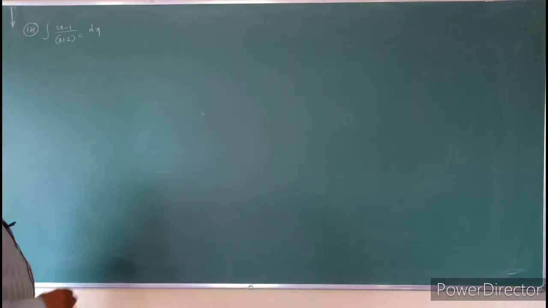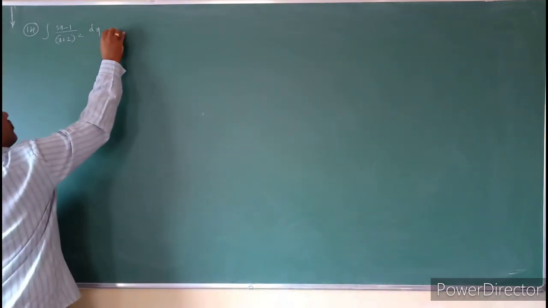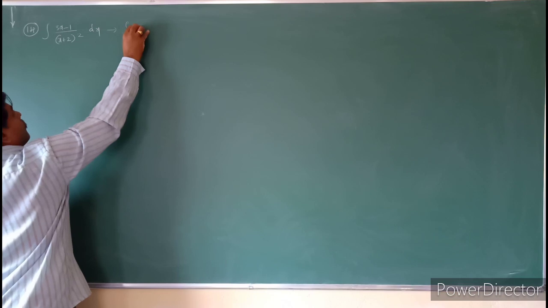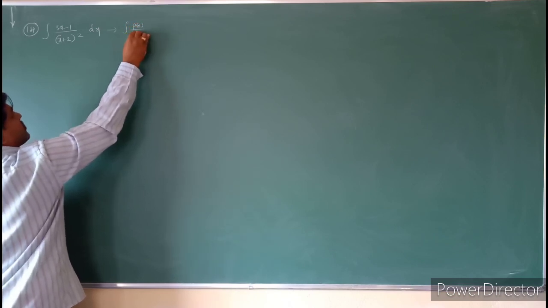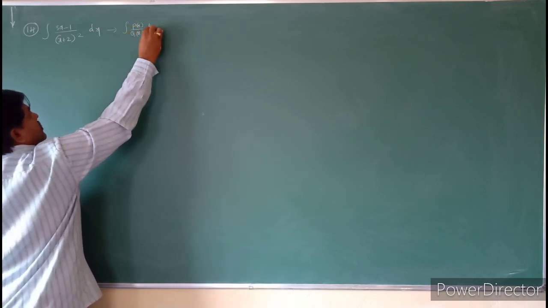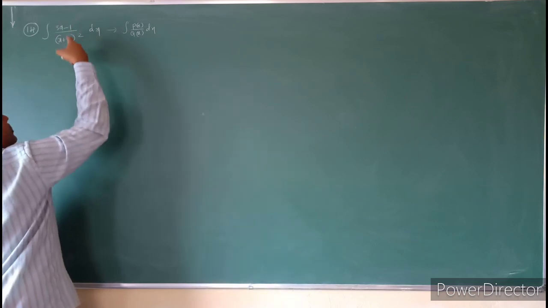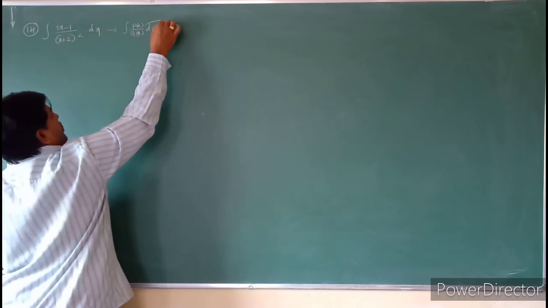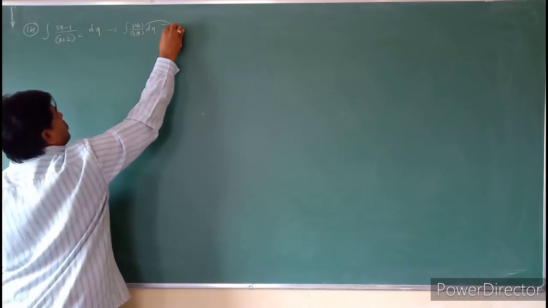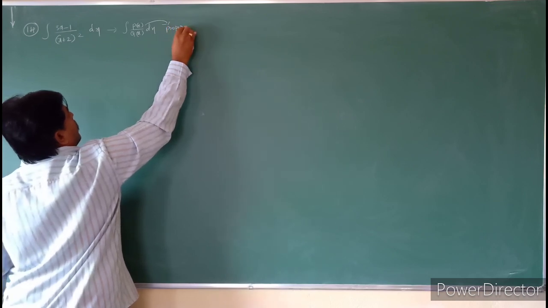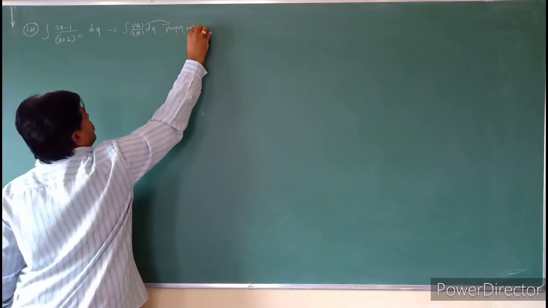So see that question, students. First you have to identify that it is in the form of the integral of p of x by q of x into dx, and the degree of the numerator is less than the degree of the denominator, so that means it is a proper rational function.